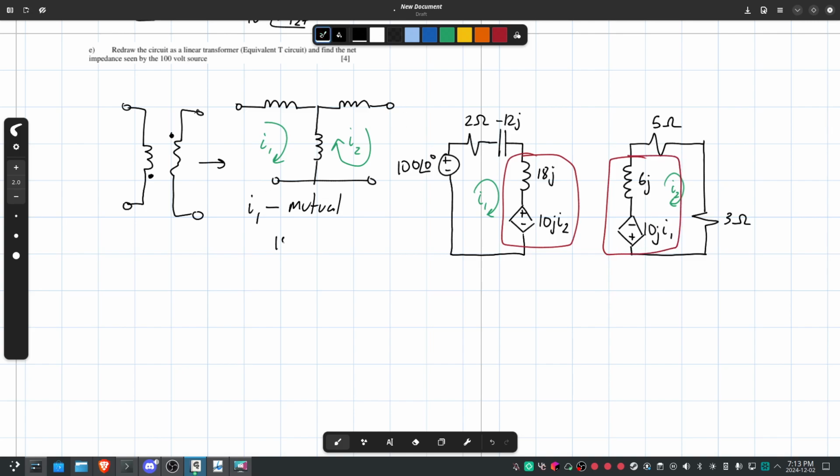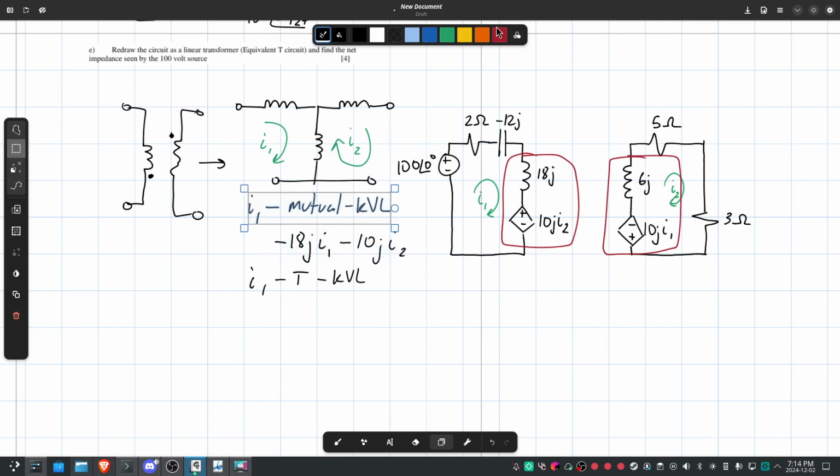We have minus 18 mutual KVL. You'll see where I'm going with this in a second. It's going to be minus 18J I1 minus 10J I2. But what about this T junction? Let me put this in orange so it's separated a bit more.